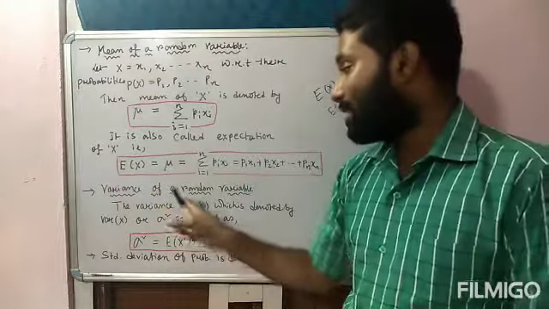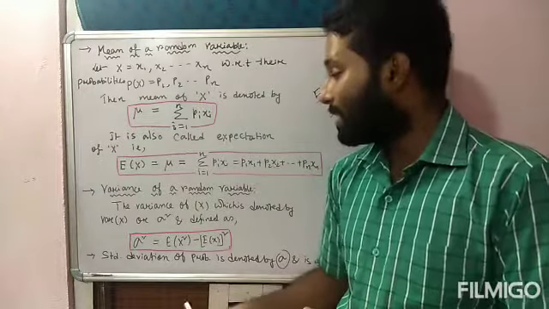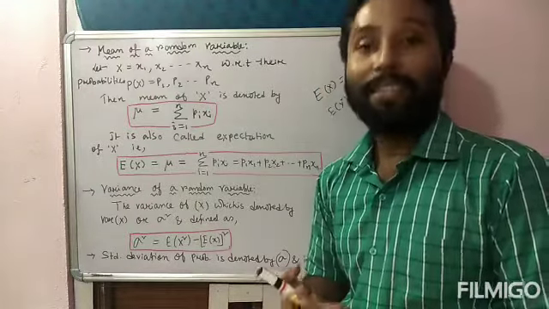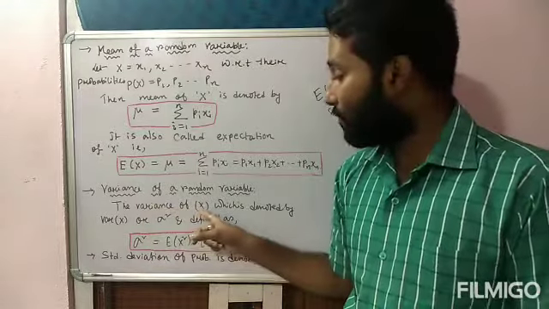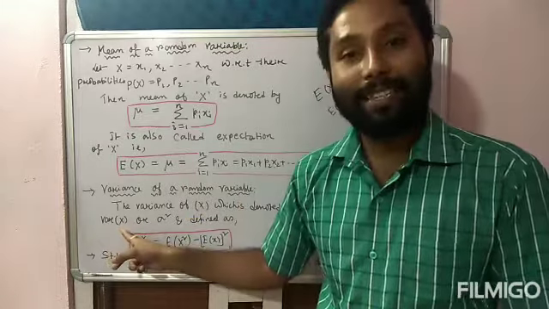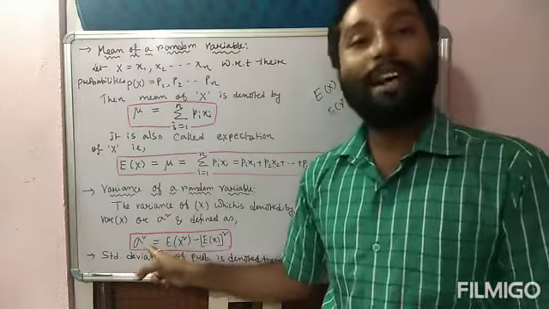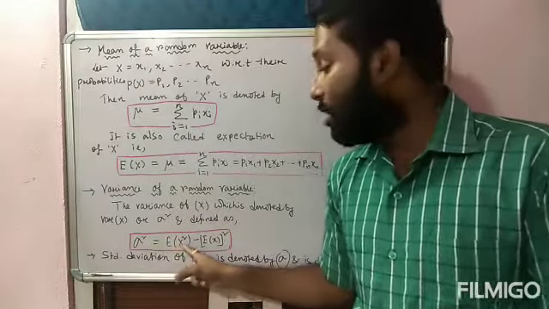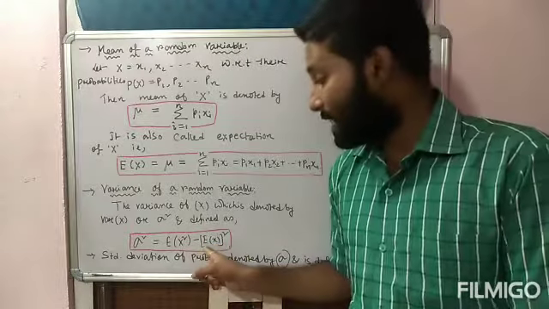Next will come variance of a random variable. Variance, standard deviation, all these things already you got in class 11 in a statistics part. Okay, so same only. The variance of x, which is denoted by VAR of x or sigma square, and defined as sigma square is equal to E of x square minus E of x whole square. This is the formula.